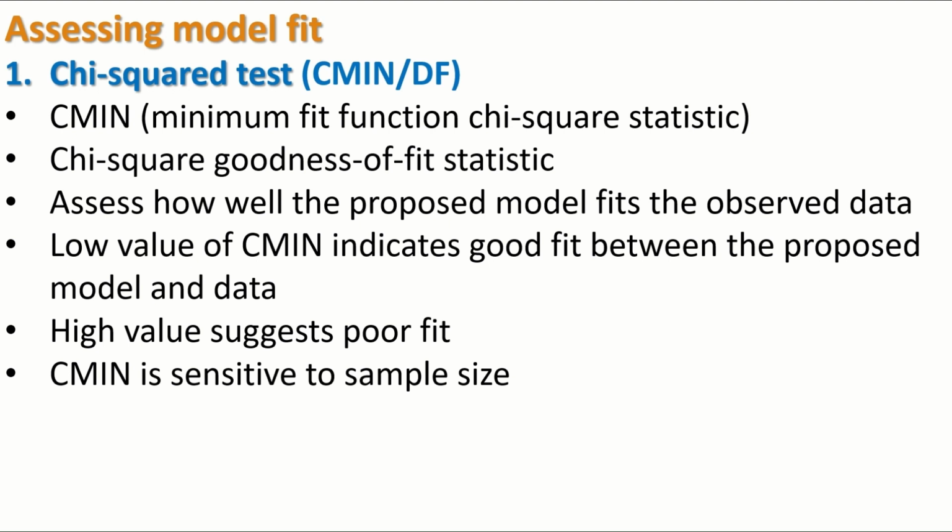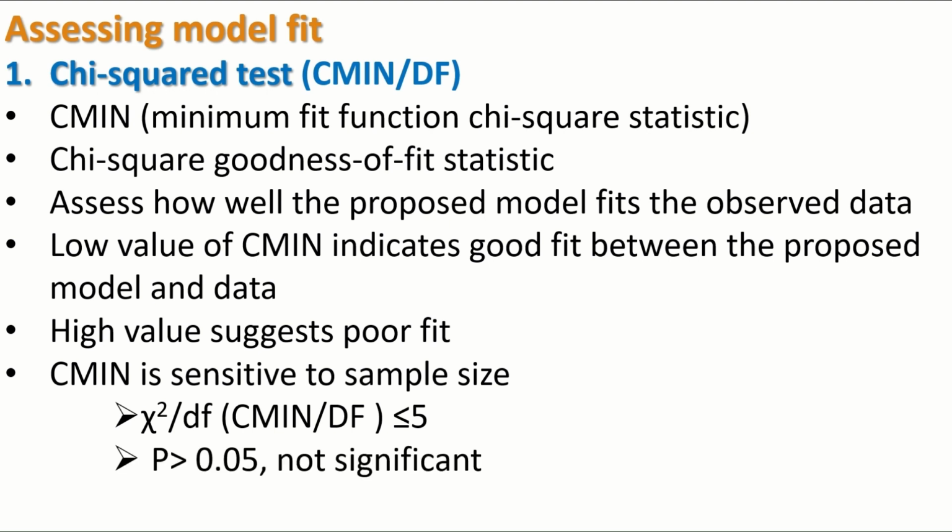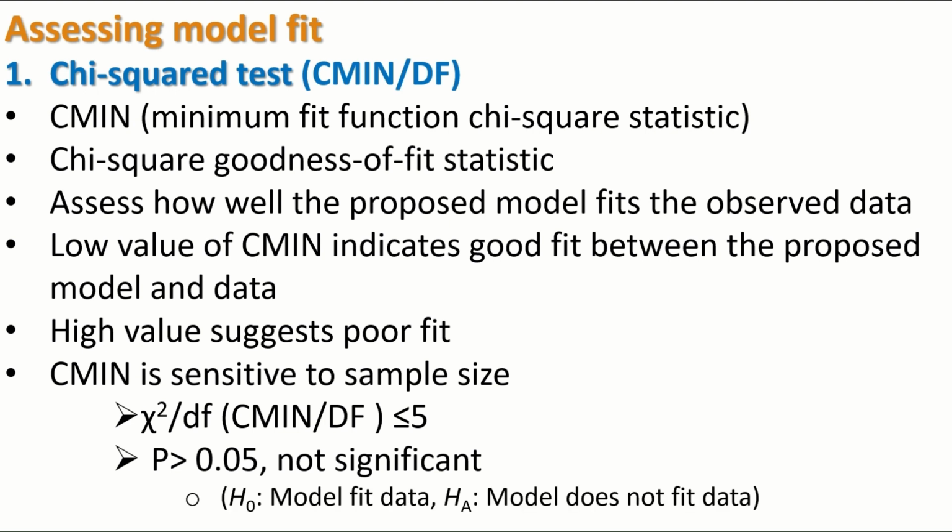The chi-square is sensitive to sample size. Usually the chi-square is divided by degrees of freedom. Chi-square divided by df should be equal to or less than 5, and the significance level should be greater than 0.05, so it should be non-significant, as the null hypothesis states that the model fits the data, and the alternative hypothesis states that the model does not fit the data.